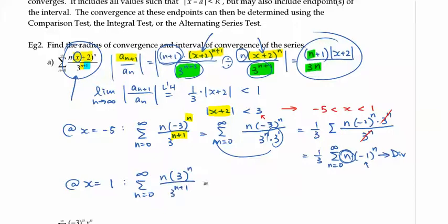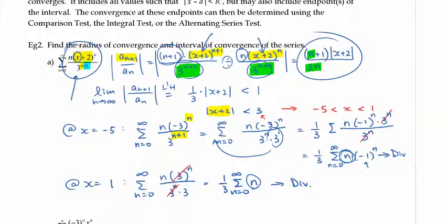And using the same trick that I did, the denominator, n plus 1, let me turn it into 3 to the n times 3. And now, like terms get reduced, we are looking at 1/3 summation of just n. Now once again, as n tends to infinity, you are getting a divergent series.